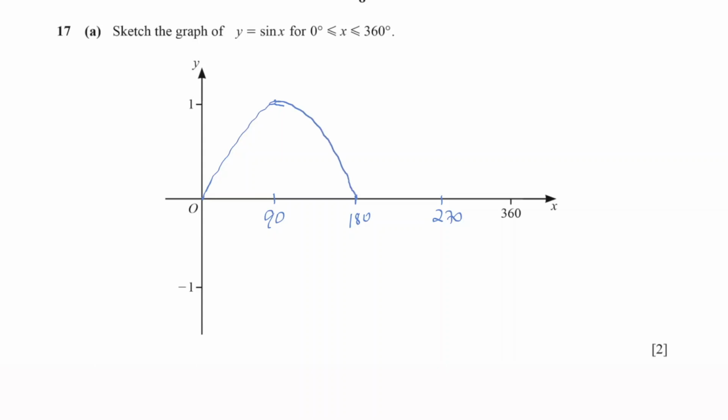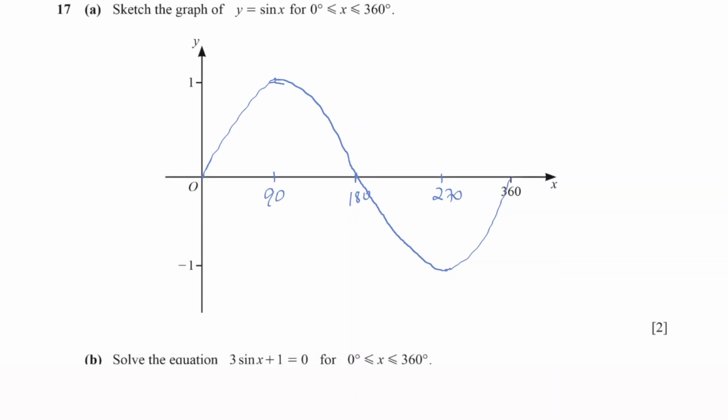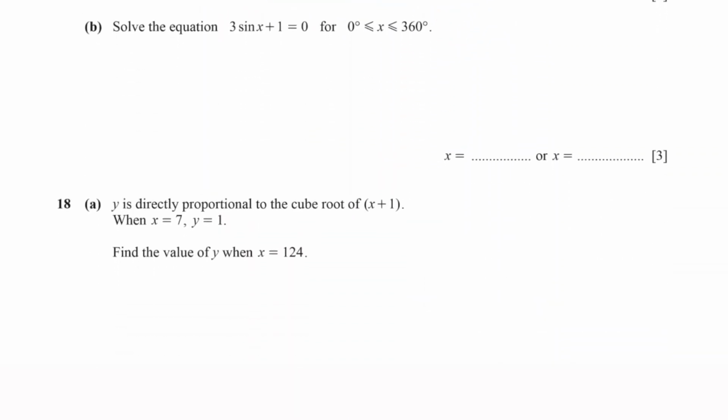Then the minimum is reached at 270, and that's minus 1, and it comes back to 0 at 360. This is how the sine graph looks. If you draw this, you will get 2 marks for that. Okay, let's do the second question.